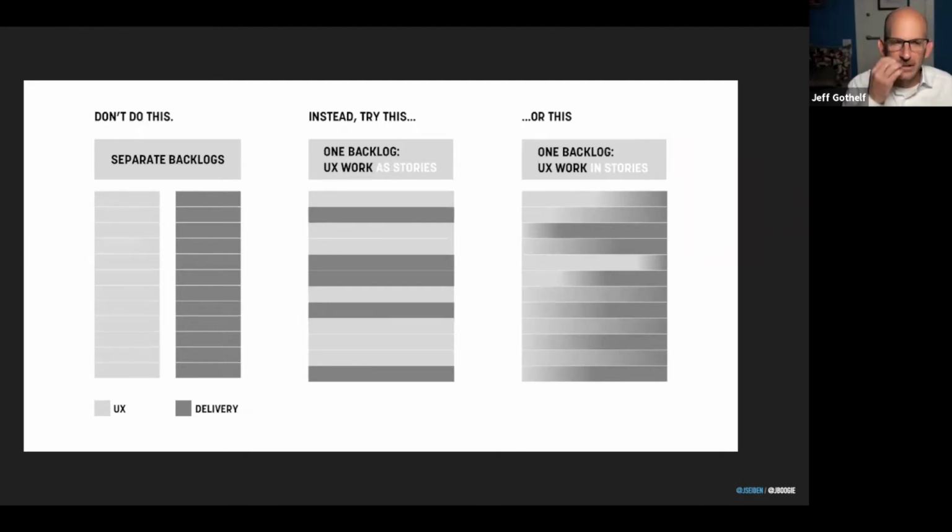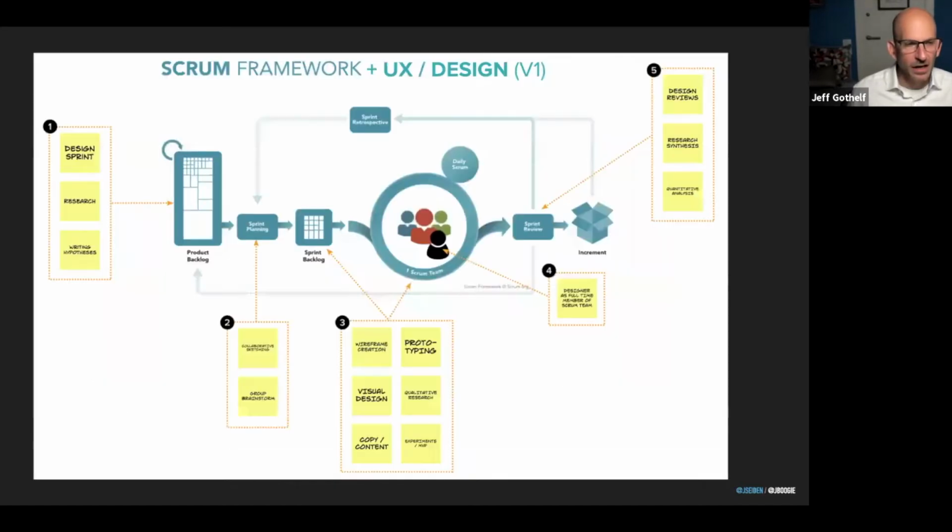And then ultimately, we're looking to build these kind of blended stories where we're really focusing on a feature or a value, a unit of value being delivered rather than a design or a feature or that type of thing. And so there's a lot of detail in the book about how to write those types of stories and really focus on where UX fits in the process, right? So if we've got Scrum and UX together, where do these pieces fit together in the process?